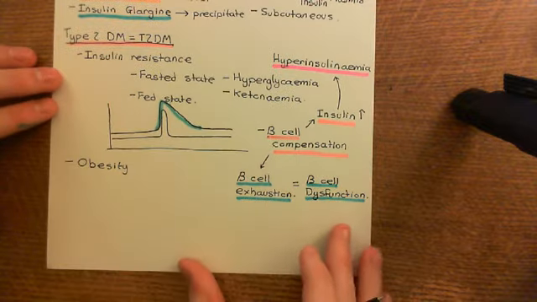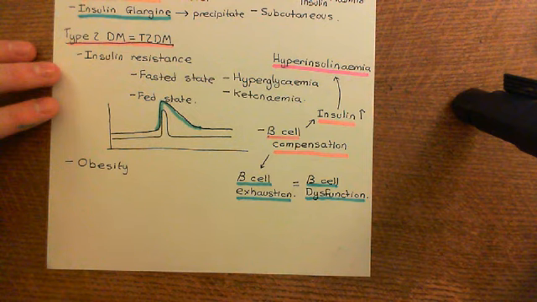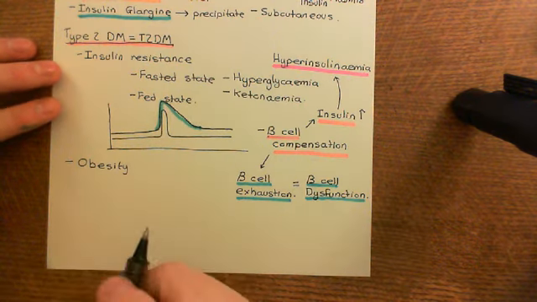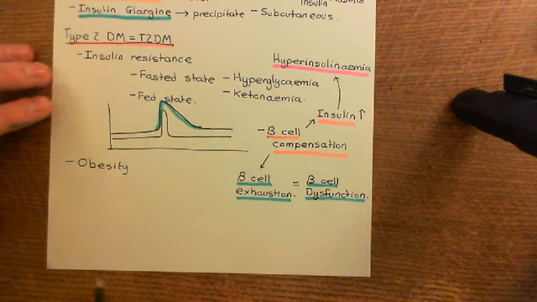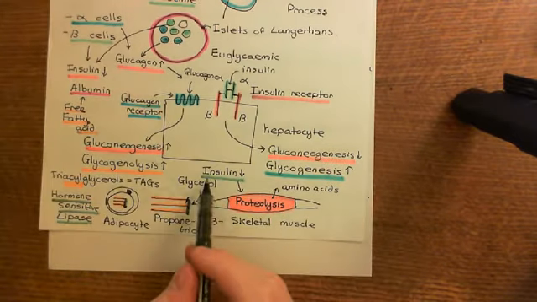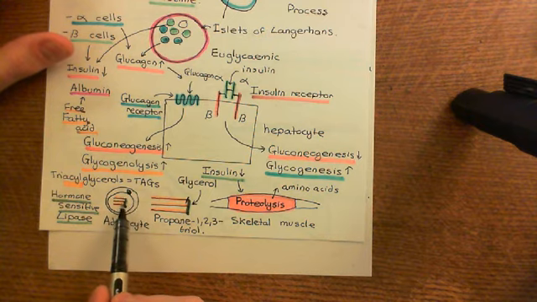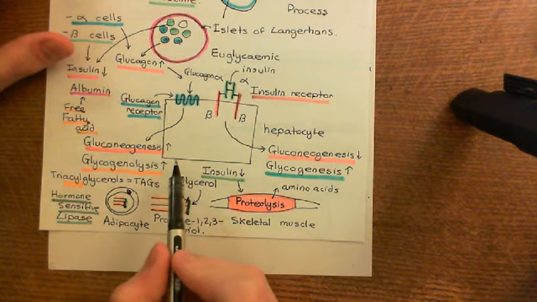Well, the problem with being obese is that if you have too many adipocytes, then when you are in the fasted state, you're going to be releasing too many free fatty acids. Let me remind you of the fasting state again. When you're in the fasted state, insulin being low causes the adipocytes to start breaking down the triacylglycerols and releasing free fatty acids.